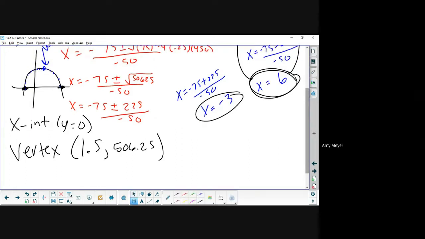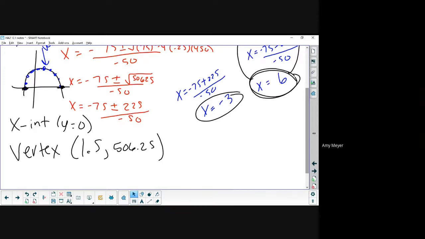Look up here. Couldn't we find a bunch of points and tell the cost increase and the amount raised? We could do that, right? What's significant about this one? It is the highest outcome. So don't just say X is this, Y is this. Say at an X of 1.5, which would be an increase of $1.50, we get the highest money raised at 506.25.